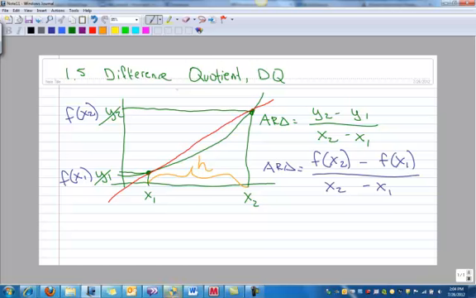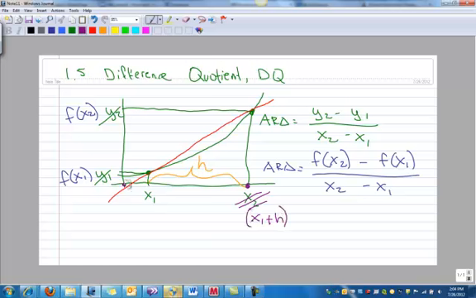So I want to then rewrite this. I'm going to pick a different color for that also. I want to get rid of this x sub 2. And I want to instead call this point x sub 1 plus h.